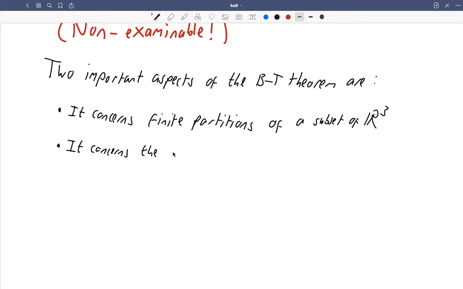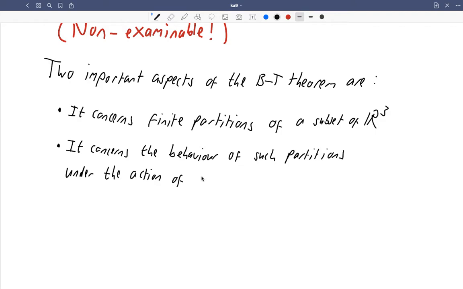So it concerns the behavior of such partitions under a group action, under the action of a group. So it's a particular group.